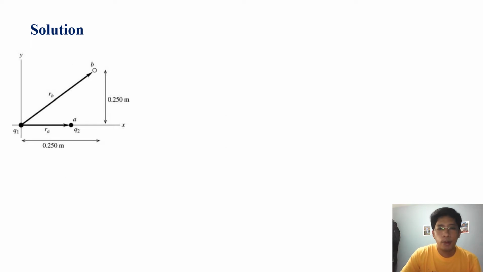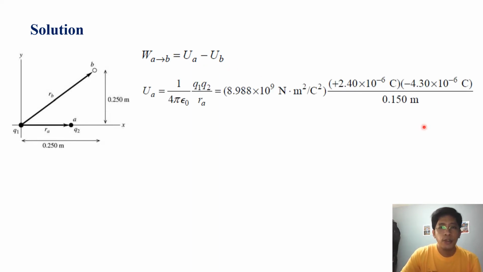So let's solve the problem. We're asked to find the work done as your Q2 moves from A to B. That is your UA minus your UB. Let's find first your UA. Your UA is just 1 over 4 pi epsilon naught times Q1 times Q2 over your RA. This is just from your formula for 2-point charges. Your 1 over 4 pi epsilon naught is this value here.